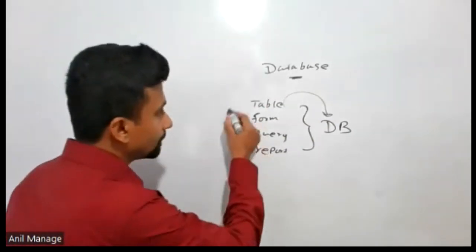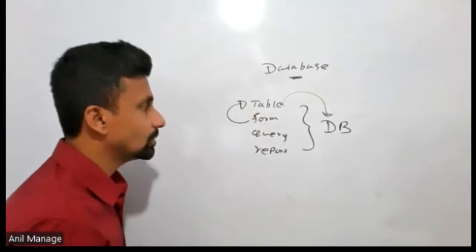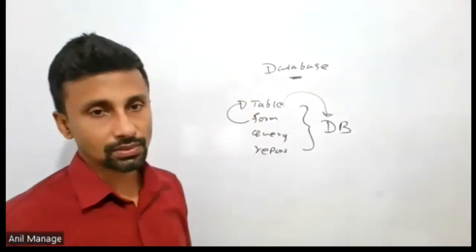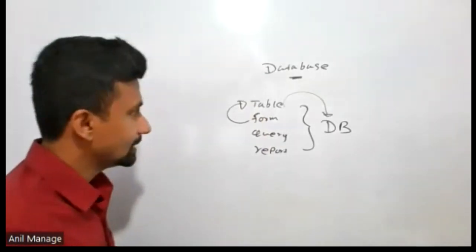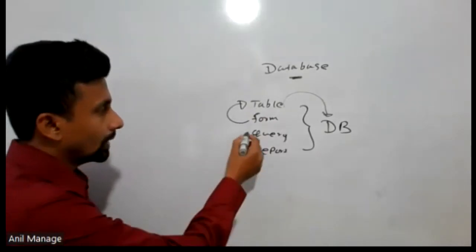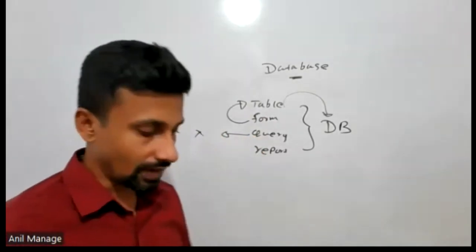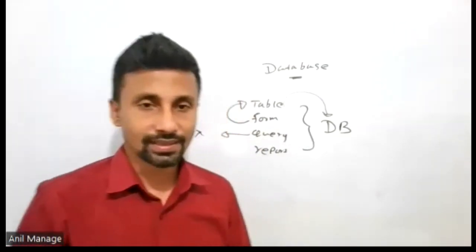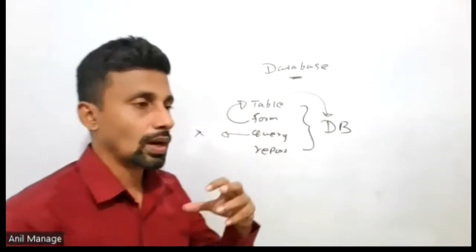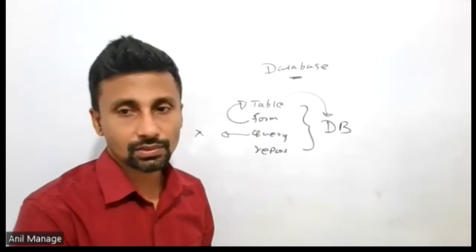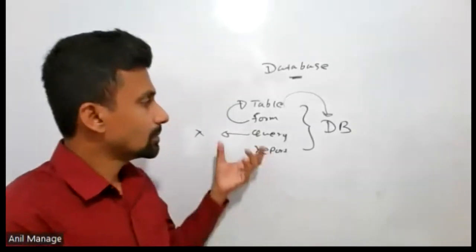Forms are used to put data easily into the table. Queries are used to extract what we need. As an example, I want to find out which school students are coming from the Gampaha area, so I'm using a query.